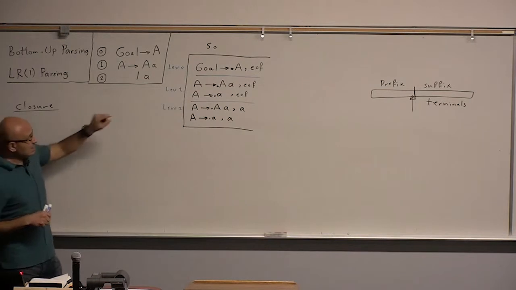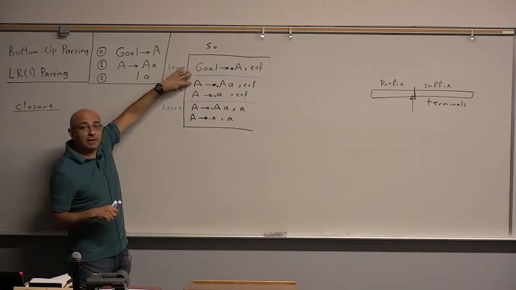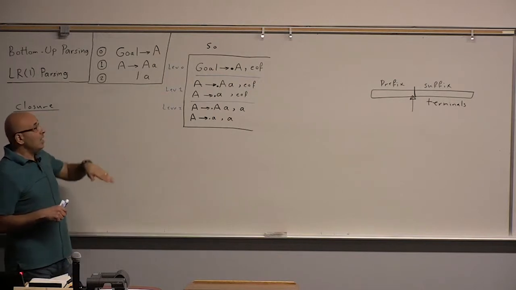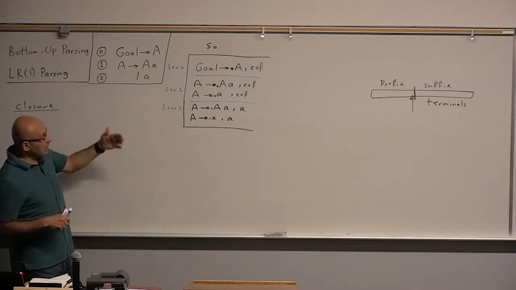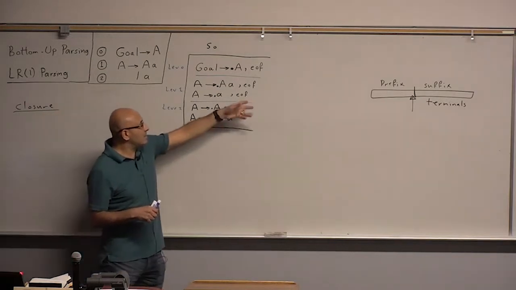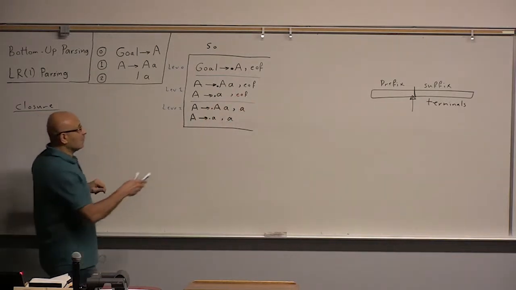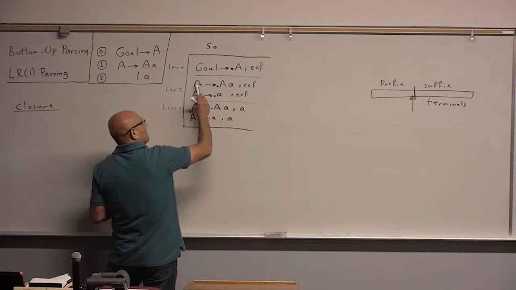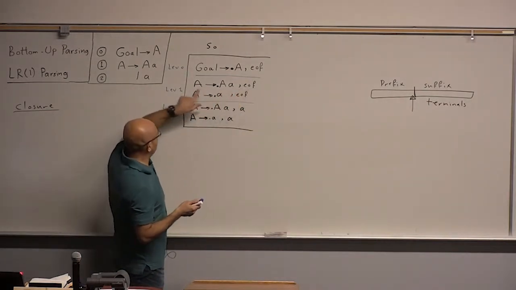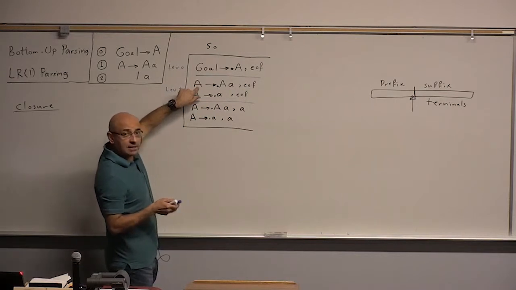This reduction can be made at multiple levels, and at each level there will be a different symbol that follows it. So the look ahead must belong to the follow set of the non-terminal that we are defining.